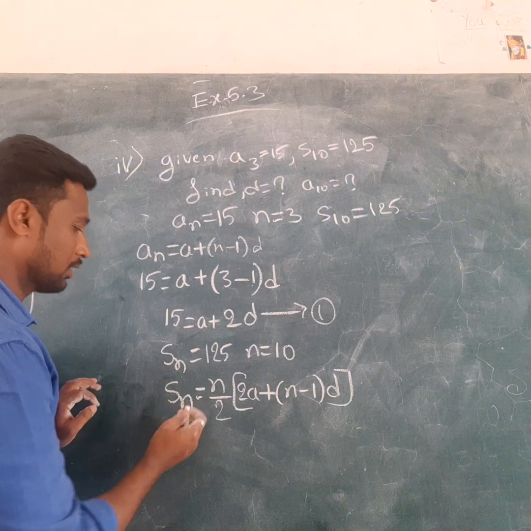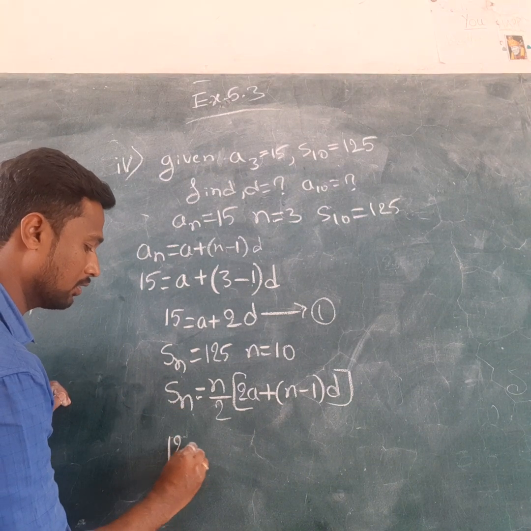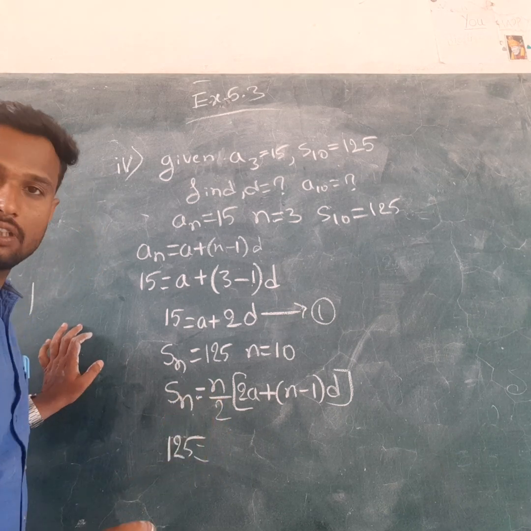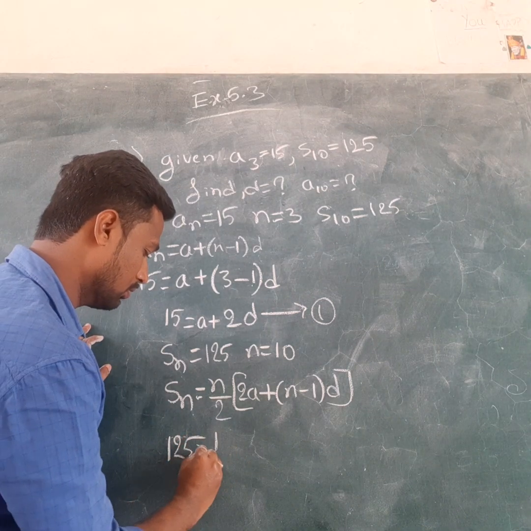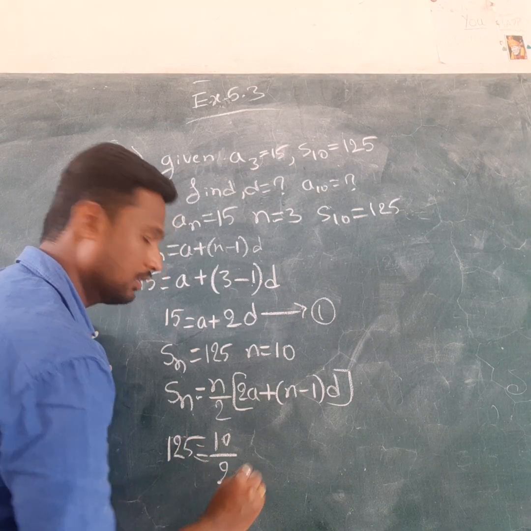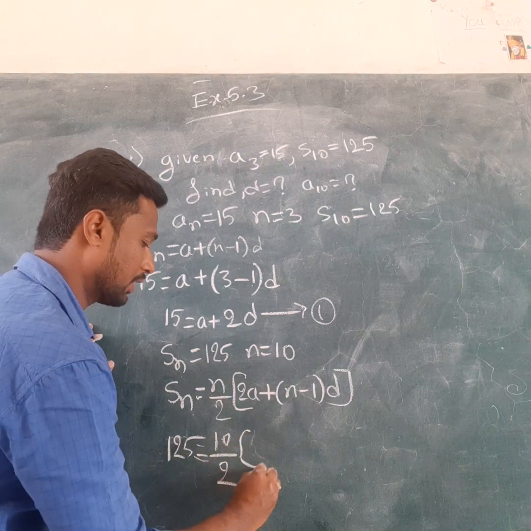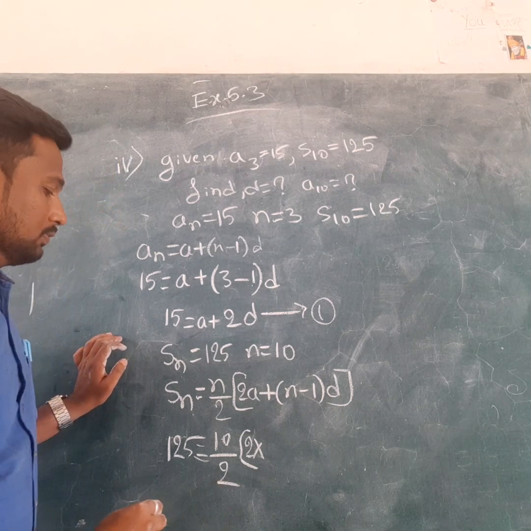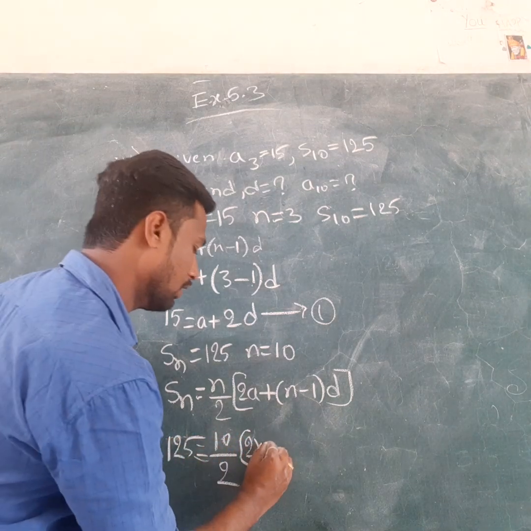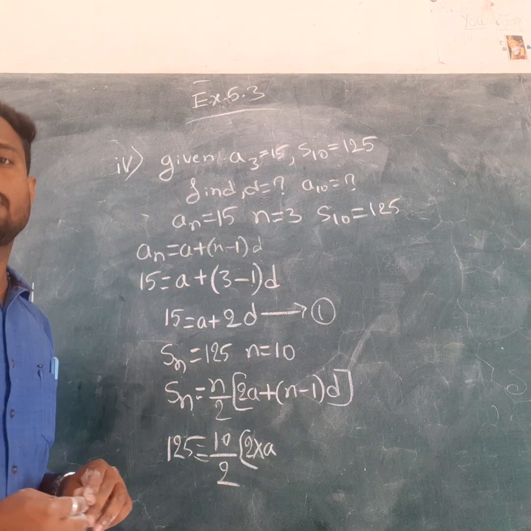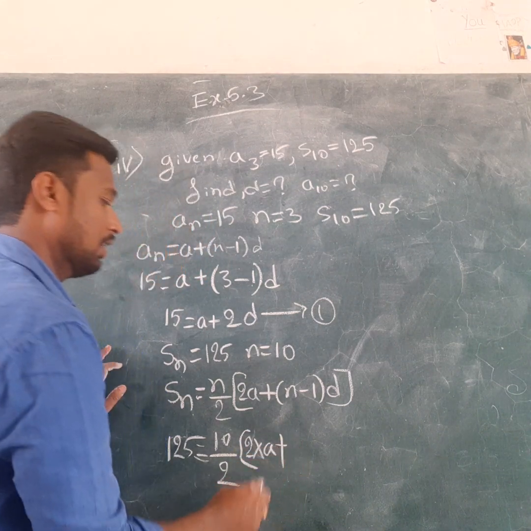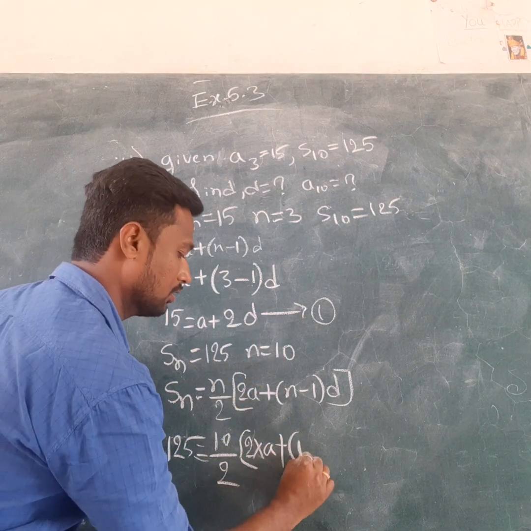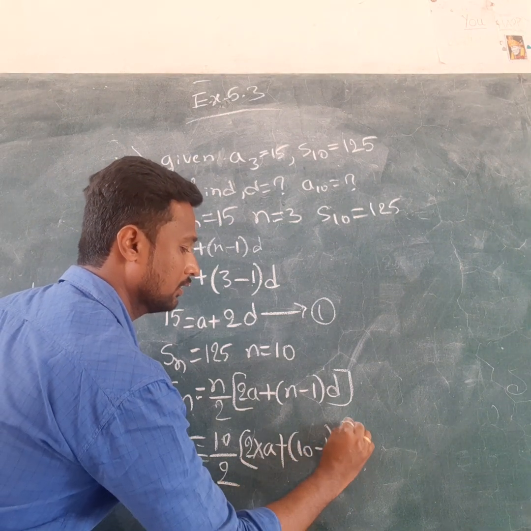Okay. So here the Sn value is 125. 125 is equal to, what is the n value? 10. So 10 by 2 into bracket 2 into a. They have not given the a value, so 2 into a only, plus, and the n value is 10 here, so 10 minus 1 into d.